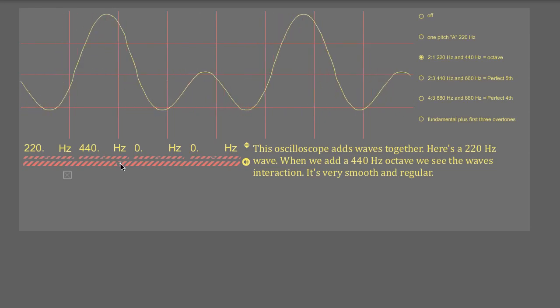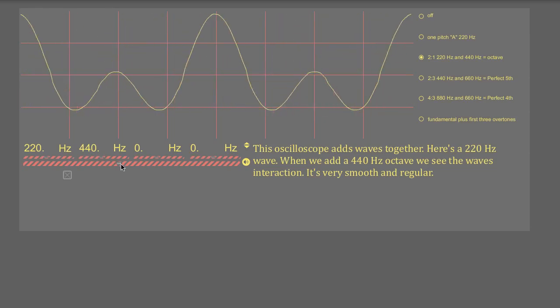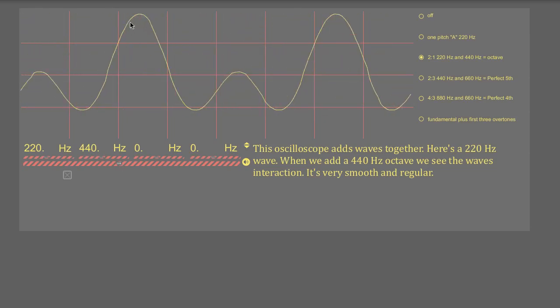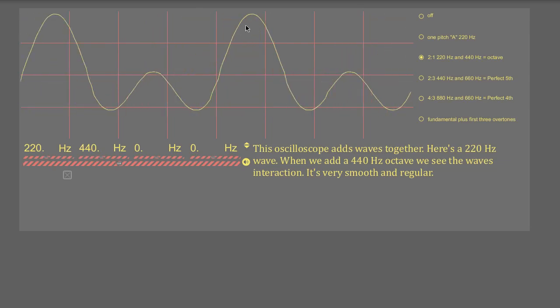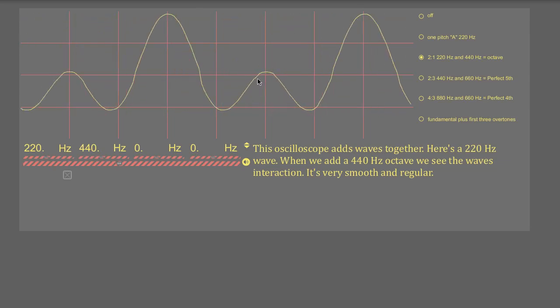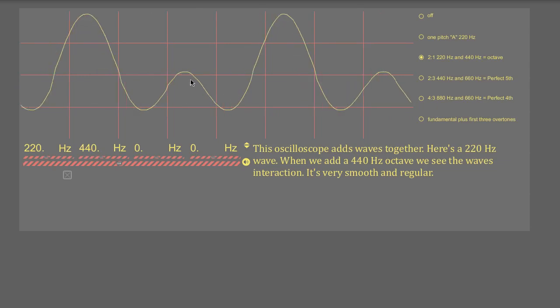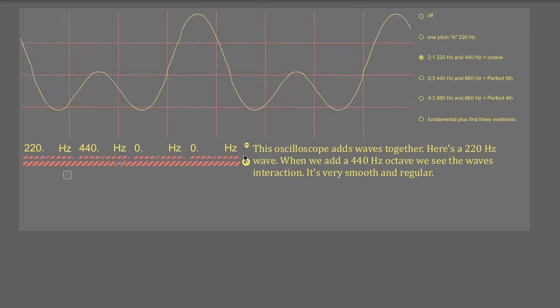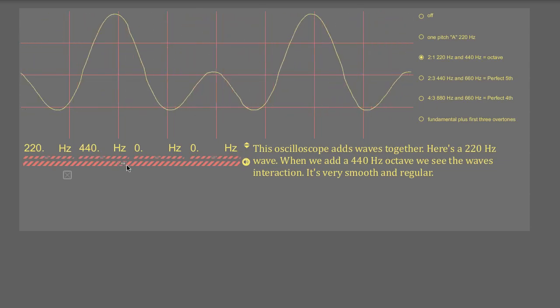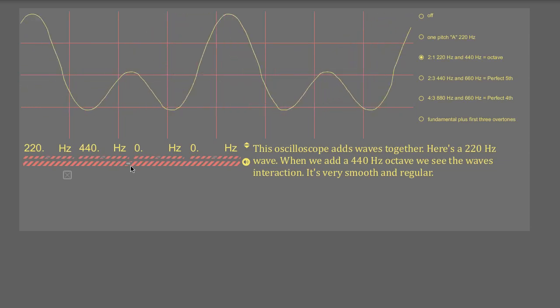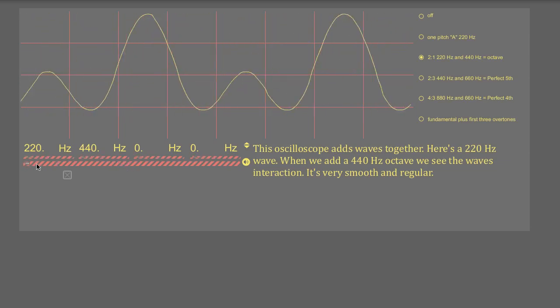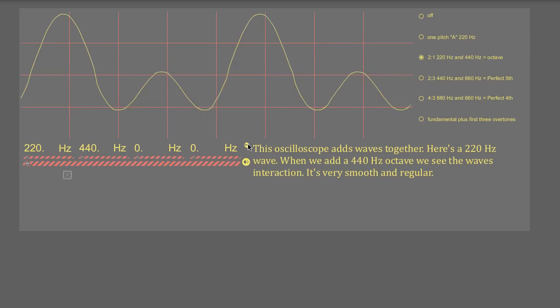We can hear the same two pitches, but we see a different kind of waveform. This very tall peak is the lower pitch, and the smaller one is the two pitches interacting. Again, we can hear that octave, do, do, two A's. We hear them as the same because of octave equivalence.